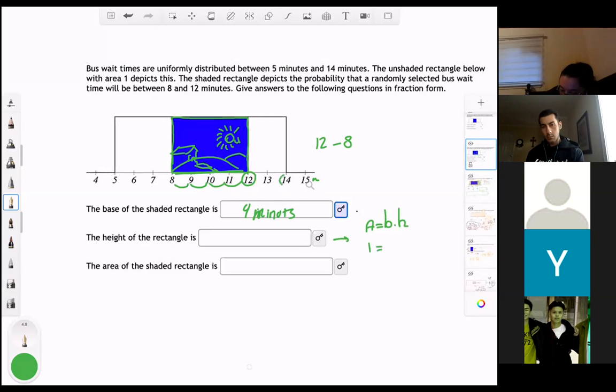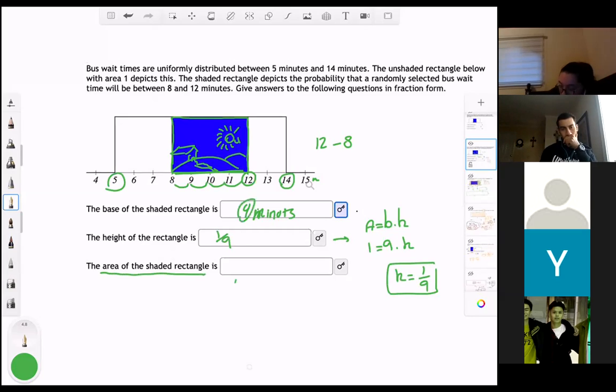Base is 14 minus 5, which is 9, times h. H will be 1/9. Very good, 1/9. The area of the shaded rectangle: we're going to have 4 multiplied by 1/9, which gives us 4/9.